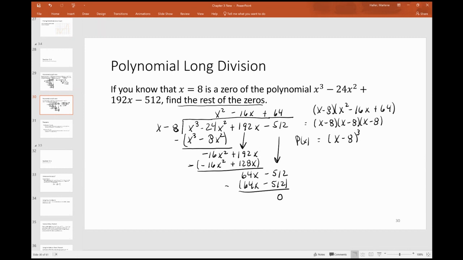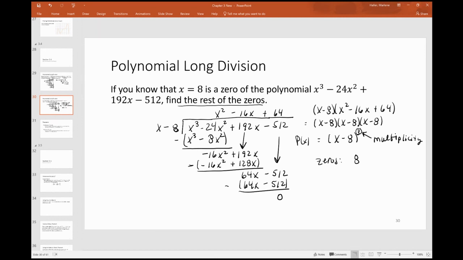Okay, so there's our p of x. So then what are the zeros of the function? Well, there's only 8. It's 8, but it has a multiplicity of 3. There's only one zero; 3 would be our multiplicity.